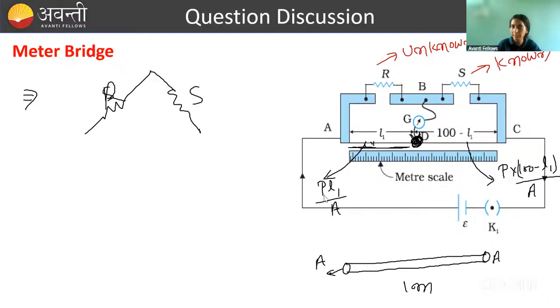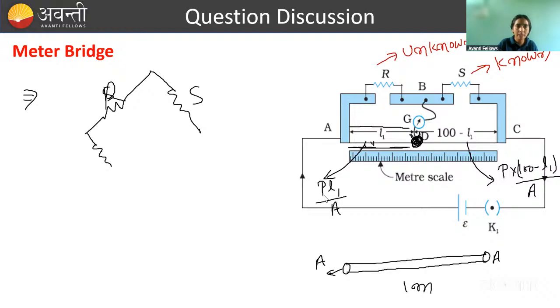Length is 1 meter. The balance point we measure from the left hand side, I have told you. So from here we measure the balance point with the help of a meter scale. We got this length as L1, so the rest of the length will become 100 minus L1. So the L1 length will have resistance rho L1 by A, and this will have a resistance of rho into (100 minus L1) by A.